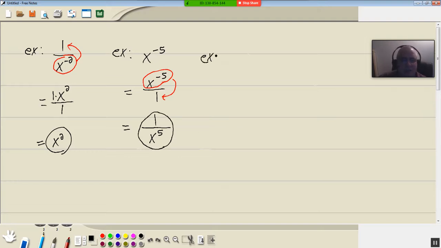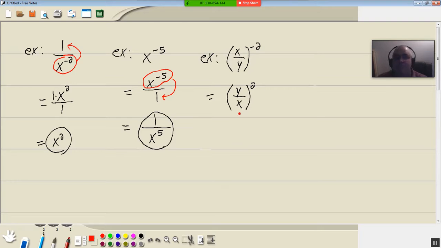Now there's a special case when you've got a fraction to a negative power. How you get rid of the negative power here is you flip the fraction, take the reciprocal of it. So the x over y becomes y over x, and then this becomes a positive 2.